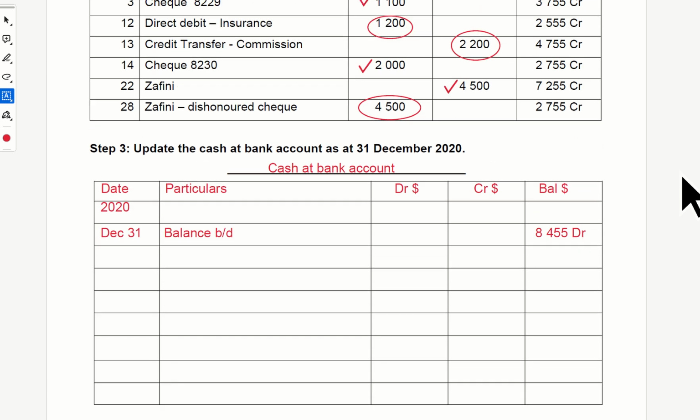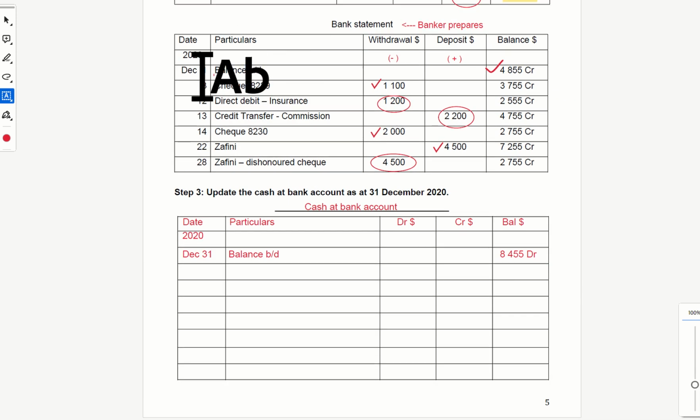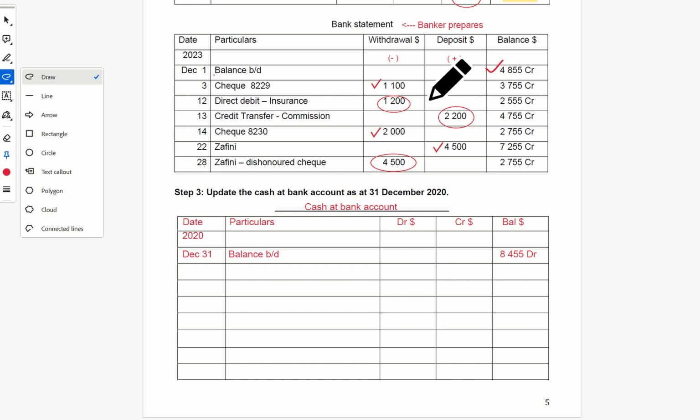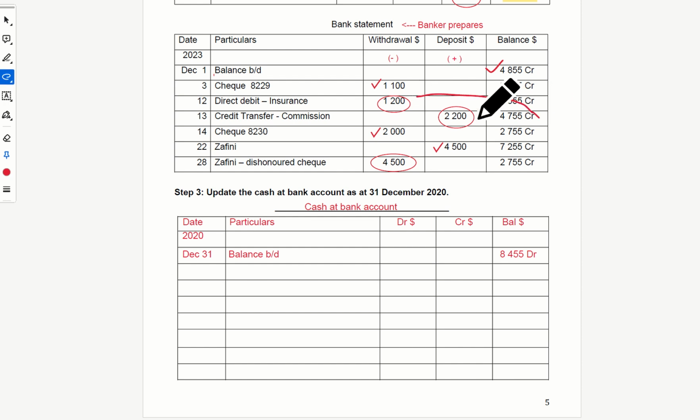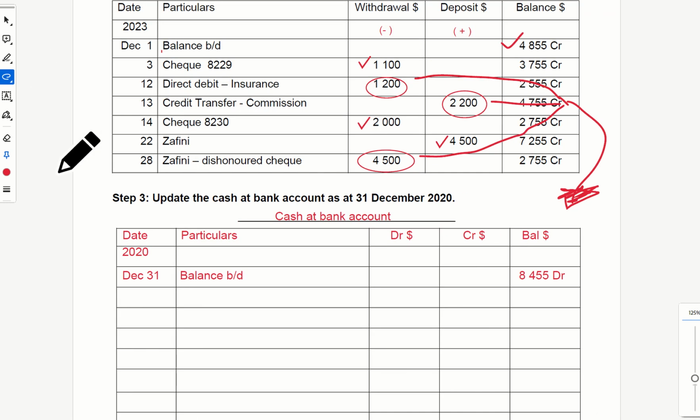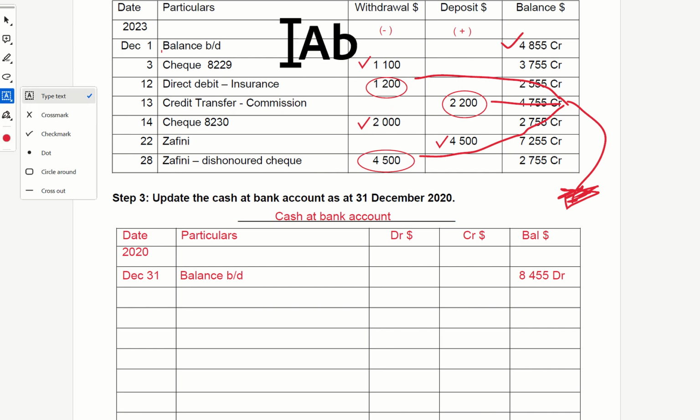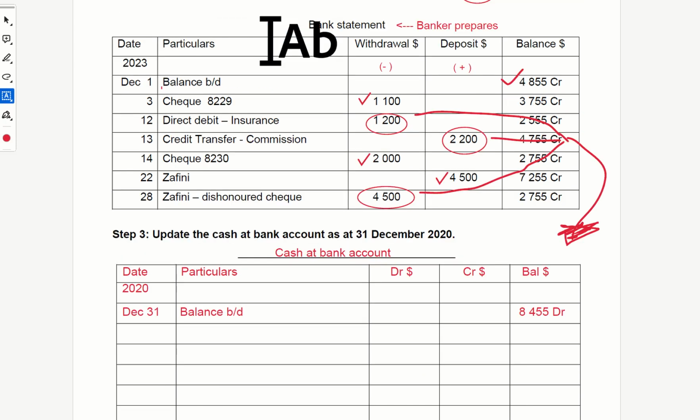All right. Now, we are going to update these 3 items here. We are going to update all of them inside the cash at bank account, one item at a time. Firstly, in the bank statement, you have a withdrawal of 1,200.